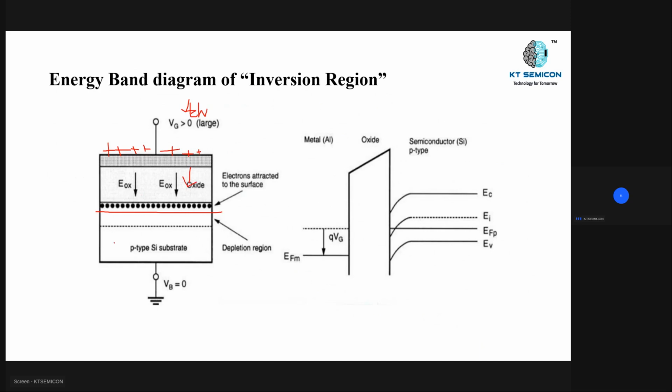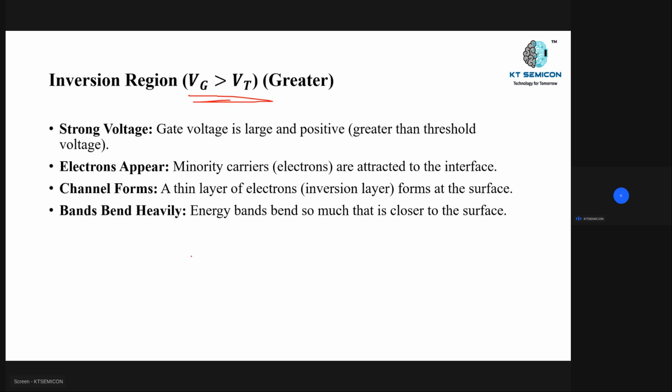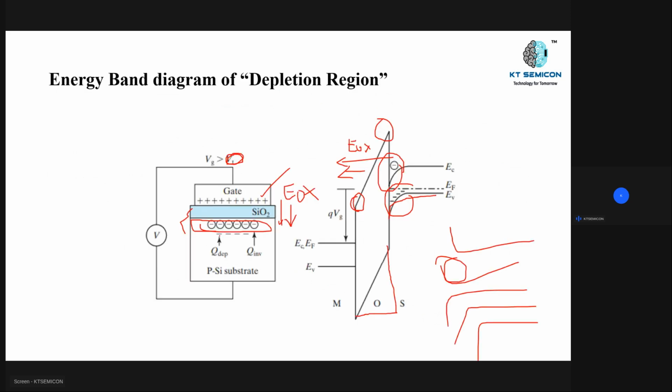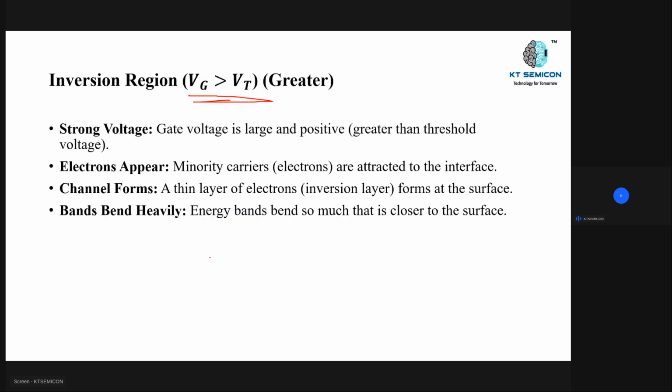Whenever we increase the voltage beyond my threshold voltage, what happens? In the p substrate the majority carriers are holes, right? Before, only a few holes were moving deeper into the p substrate.